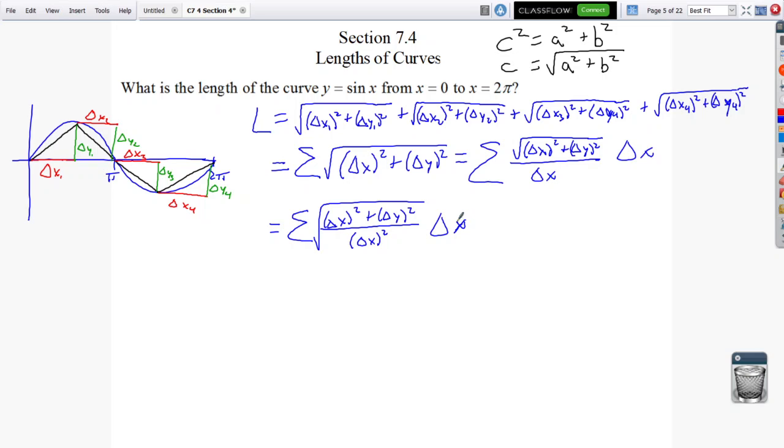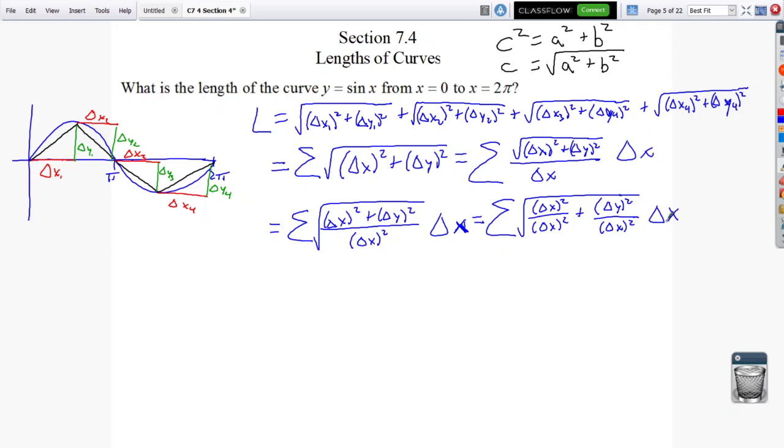Now, since I have my sum in my numerator here, I can actually rewrite the radicand of this problem as delta x squared over delta x squared plus delta y squared over delta x squared. So in that step, I really didn't do anything. All I did was split the fraction up.